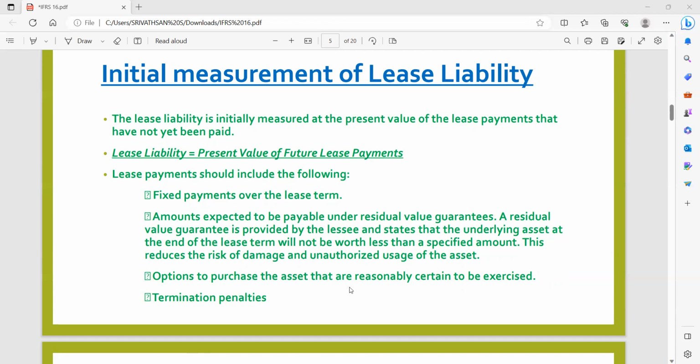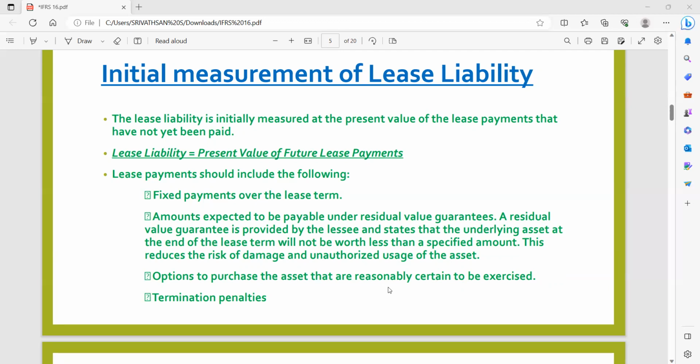And options to purchase the asset that are reasonably certain to be exercised. Let's say that you have leased an asset from the lessor, and in the lease contract, the lessor is providing you an option to purchase the asset at the end of the lease term.